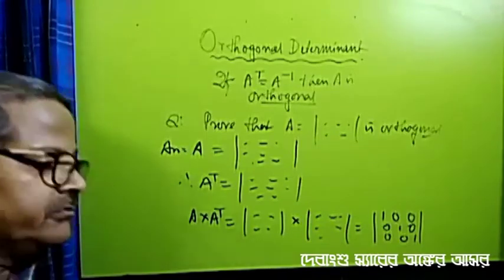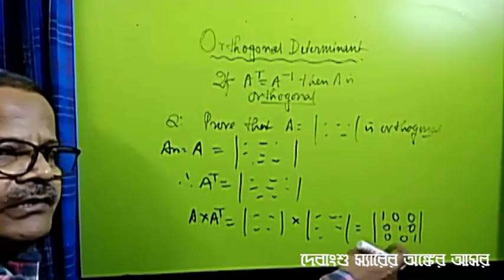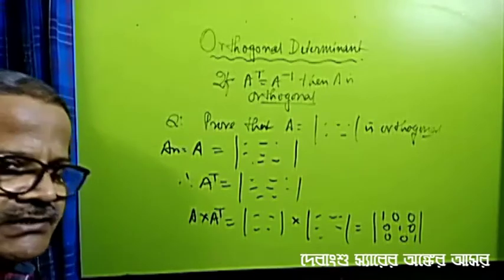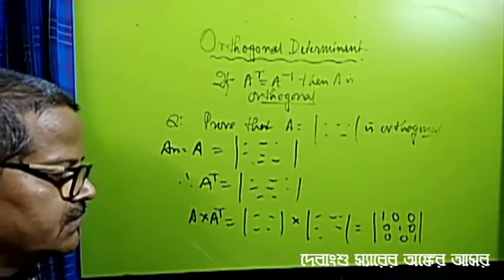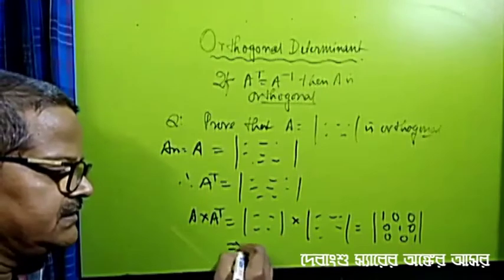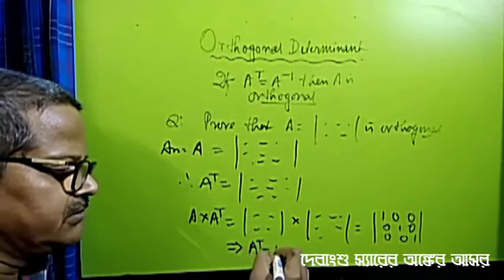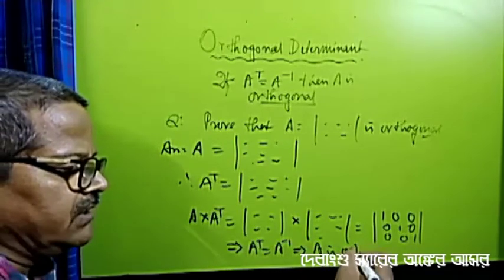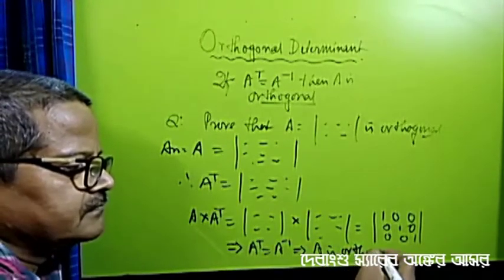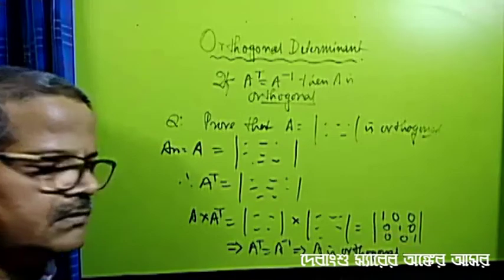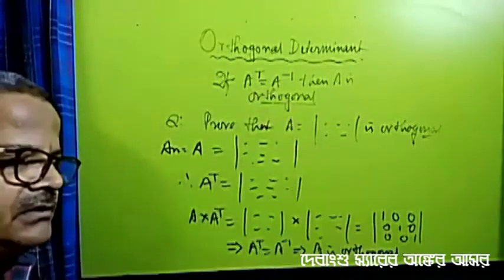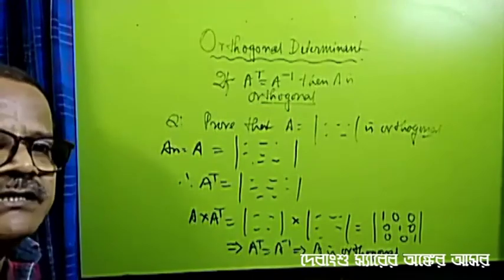If A is orthogonal, this product will be this. If not, it will be anything else. So that implies A transpose is equal to A inverse, which implies A is orthogonal. In these simple sums, only the meaning of the term matters.